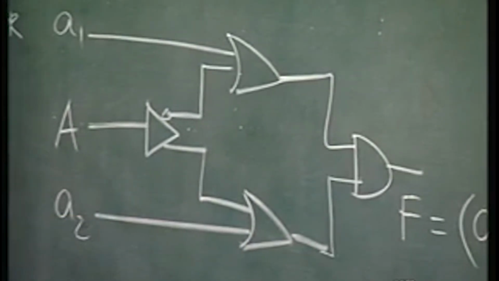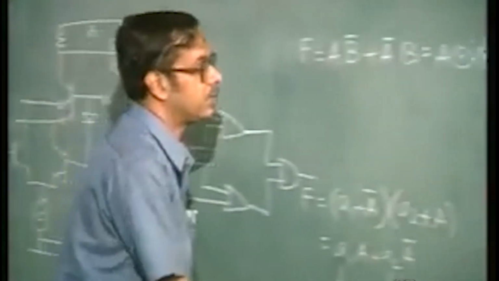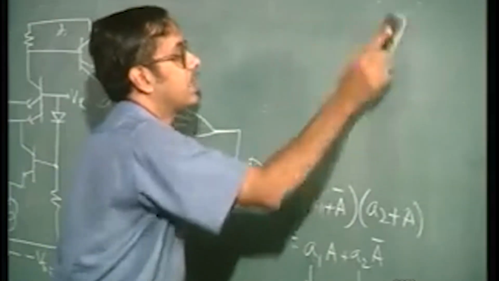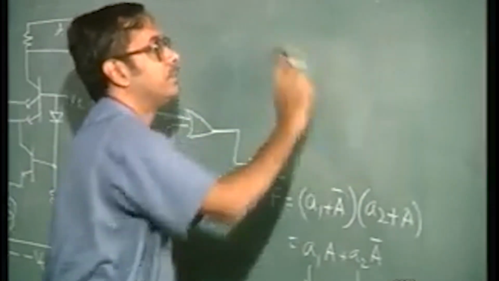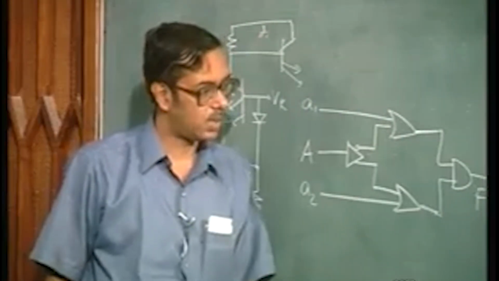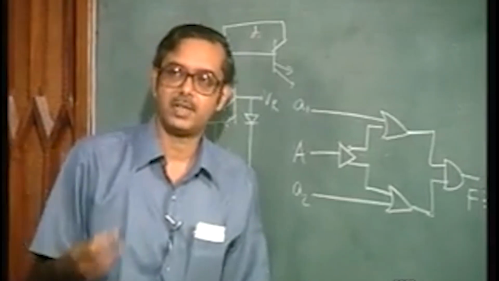The next thing which we can take up is the D flip flop, which is a very important circuit. When you go for any synchronous logic circuits, you have to have flip flops, and so let us see how you can realize a D flip flop. What is the function of a D flip flop?